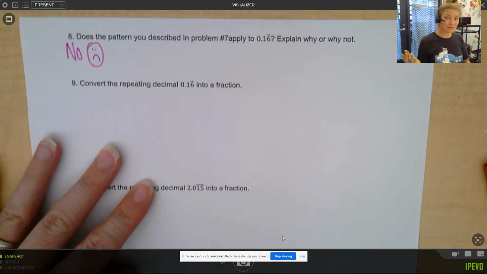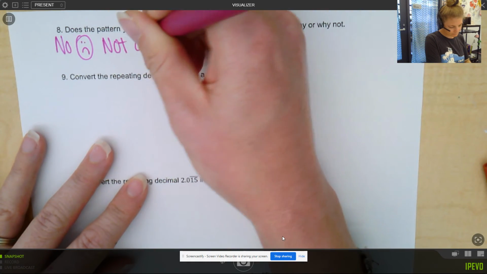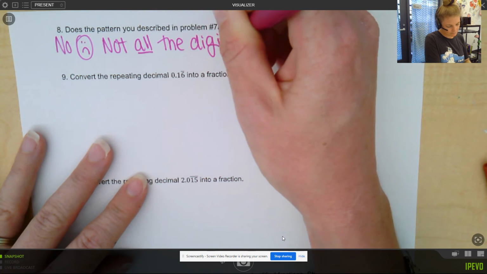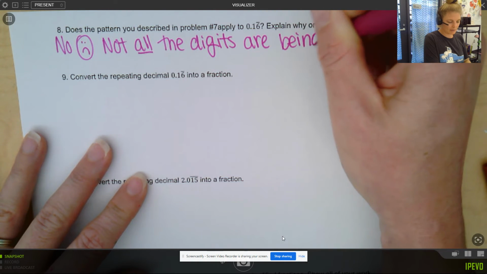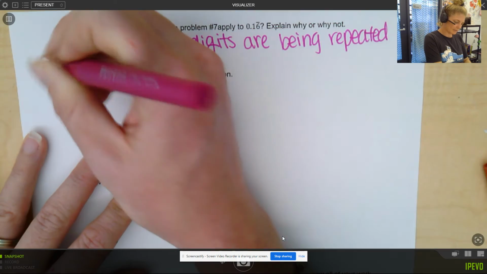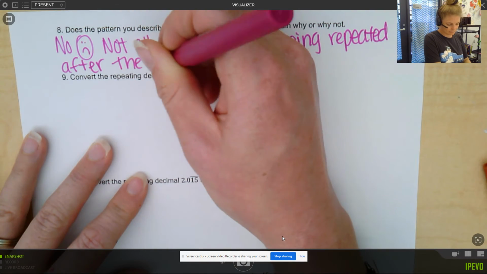But happy because we get to do more math? No, not all the digits are being repeated after the decimal point.